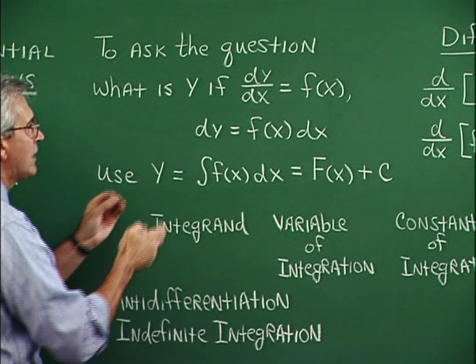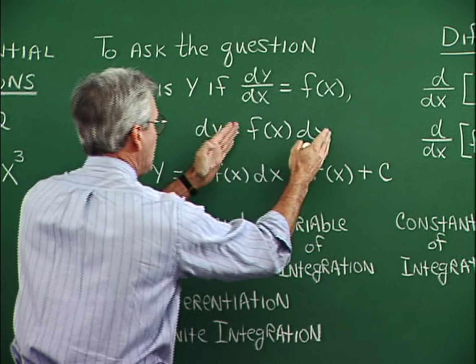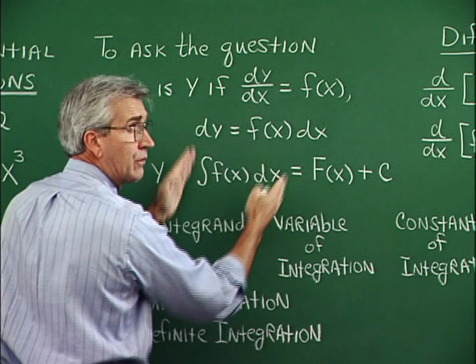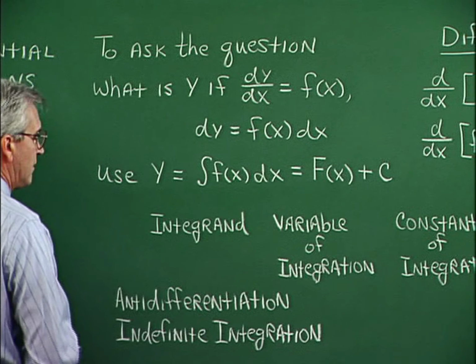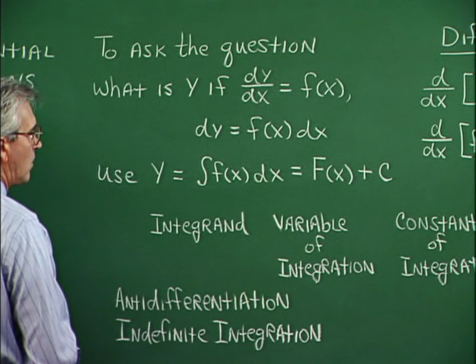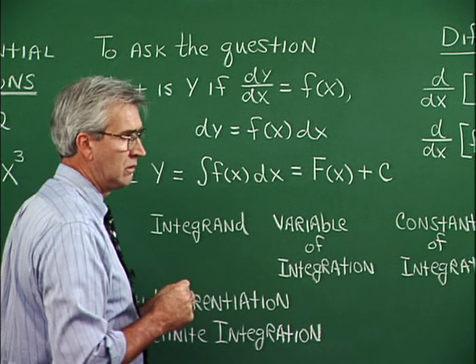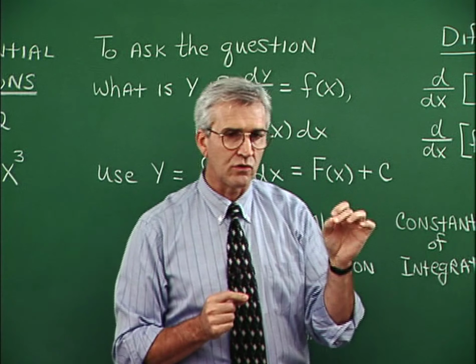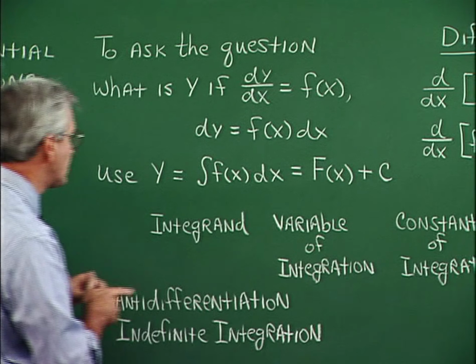And now it's kind of like saying undo derivative over here, undo derivative over here. Well, when we undo derivative, it's integral. It's the integral function that we are looking for. Now, the process is called integration. The function is an integral function. So we're going to use that kind of terminology here.